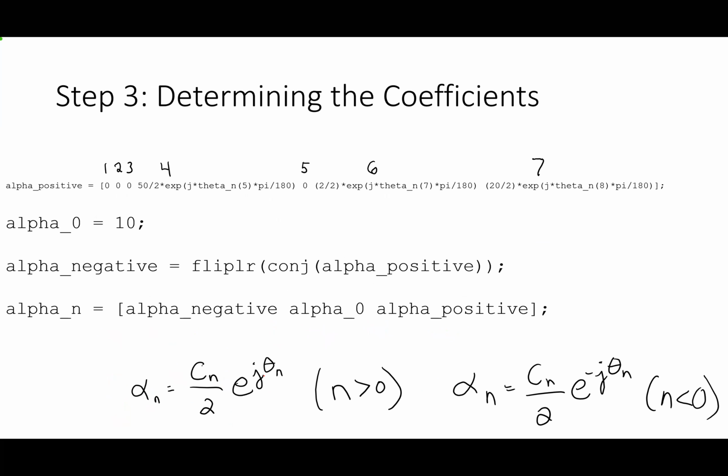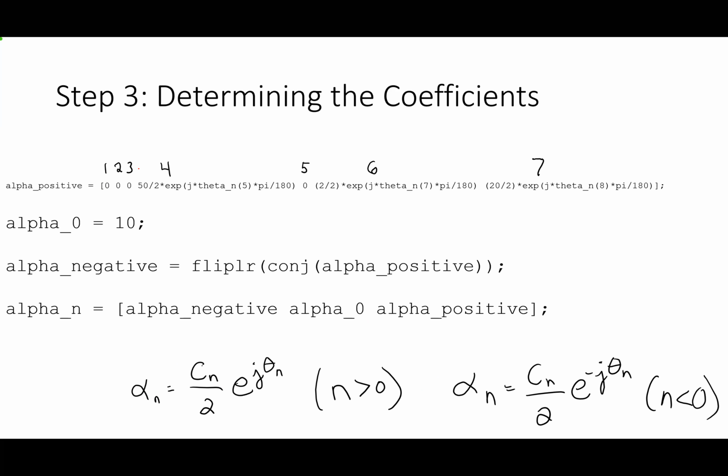When I say it's elegant, it's because I get something like this. Here's what I did, and I wanted to talk about this for a second. I created alpha positive and alpha negative. Alpha positive started at 1 and went to 7, since we said that's how many harmonics I have.